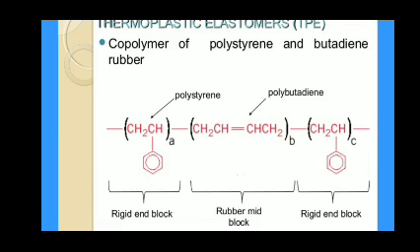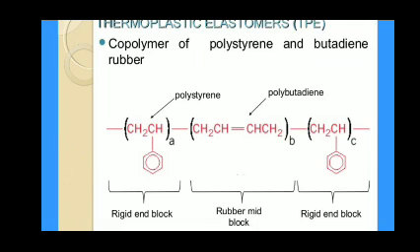Styrene is CH2=CH-C6H5. Butadiene is CH2=CH-CH=CH2.